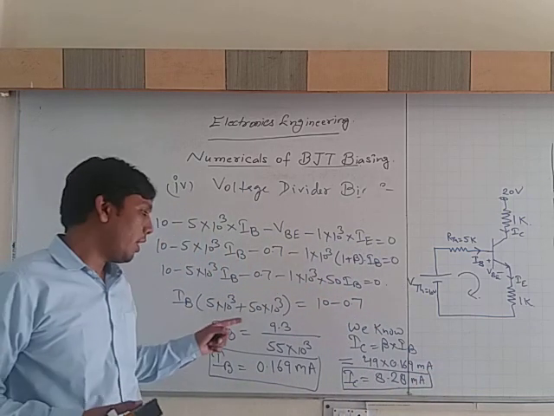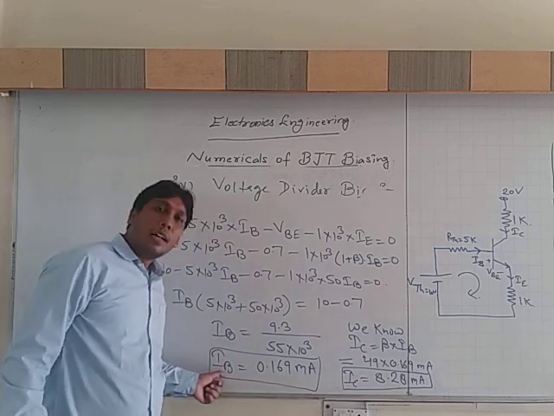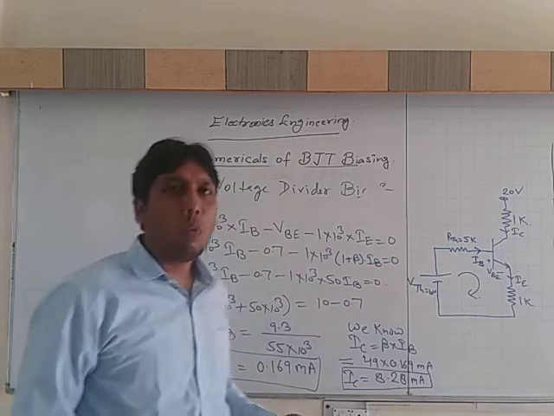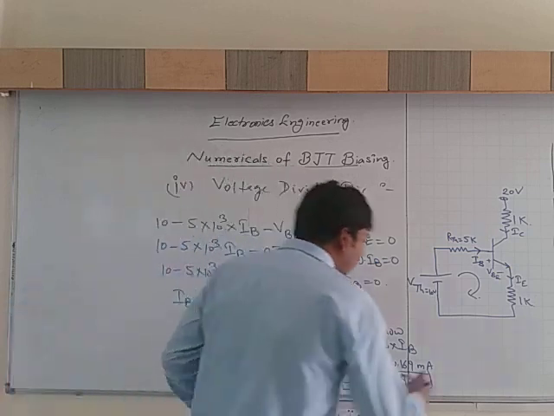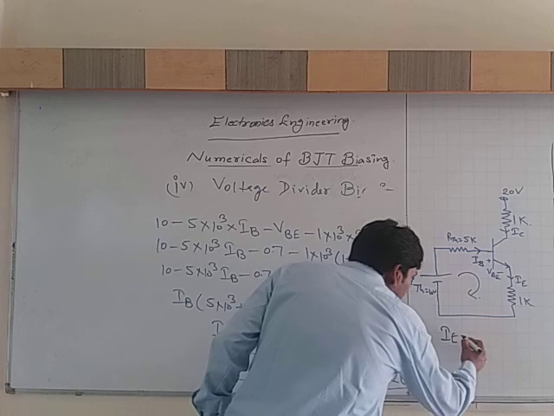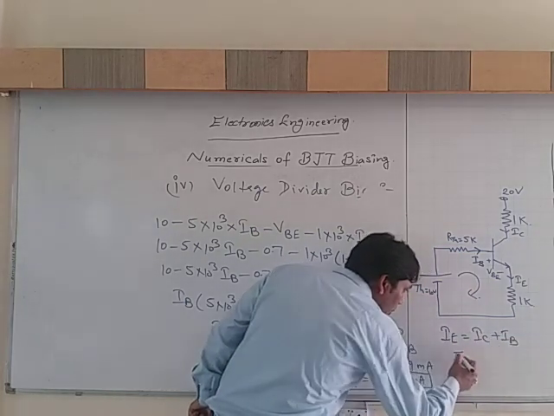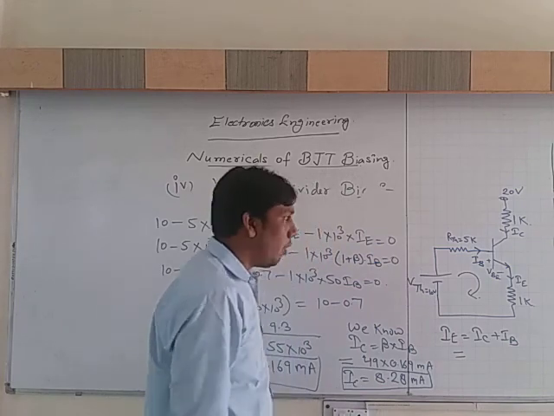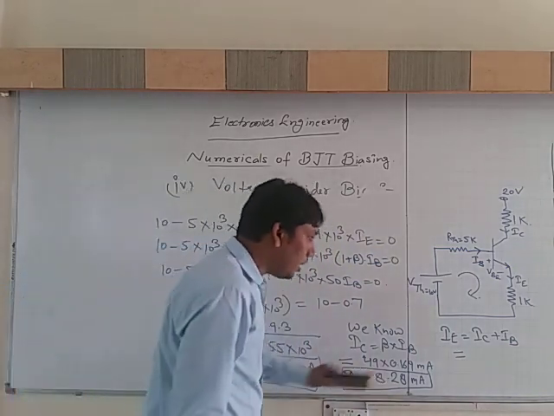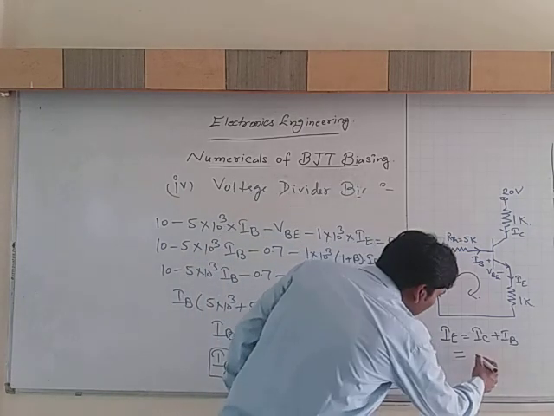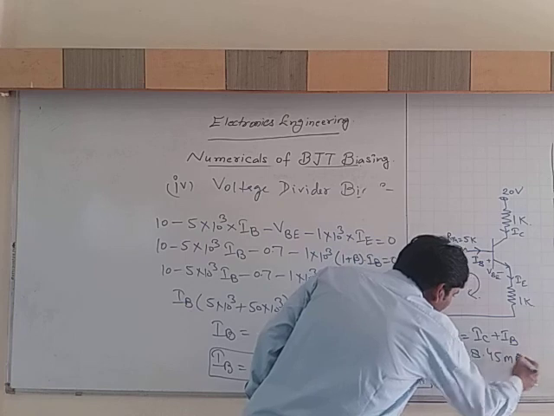This is the value of IC, and by adding IB to IC we can determine the value of IE, since IE equals IC plus IB. So IE will be 0.169 plus 8.28, that is 8.45 milliampere.